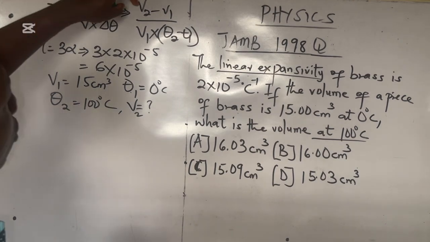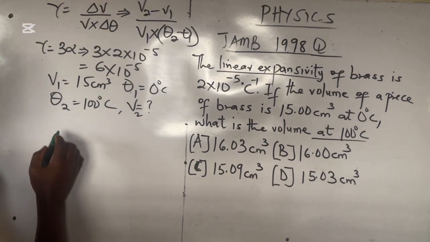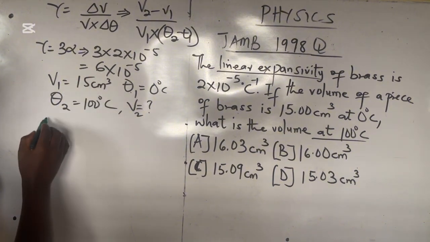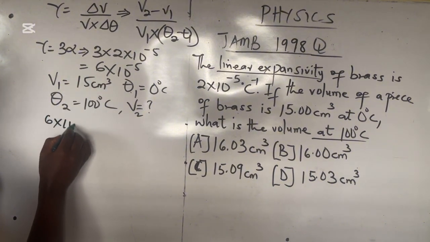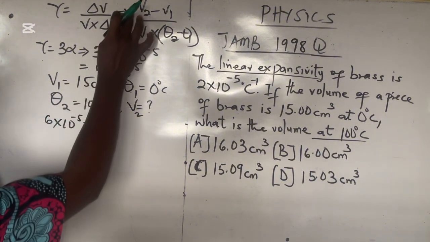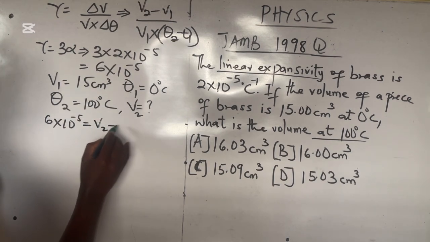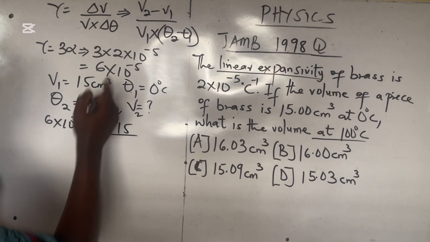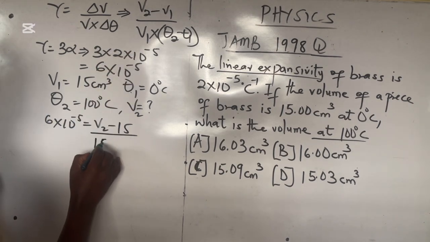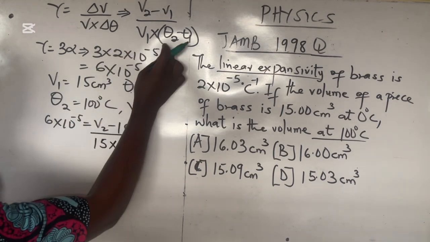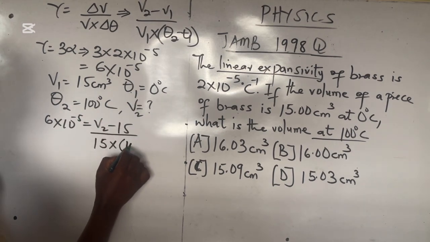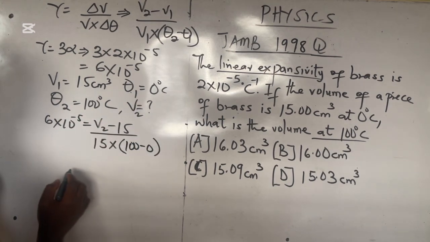So when we substitute into this formula, we have gamma, which is 6 times 10 raised to the power minus 5, V2, which is unknown, our V1, that's 15, times difference in temperature, T2 minus T1, that's 100 minus 0.